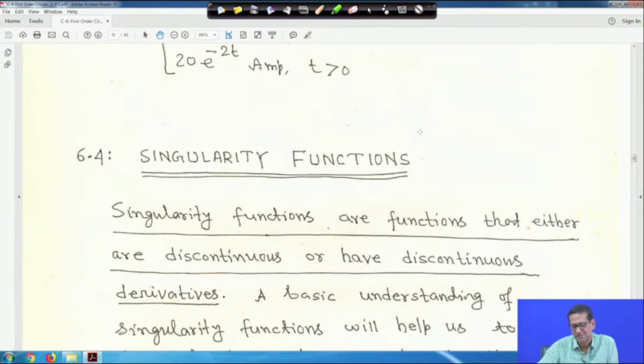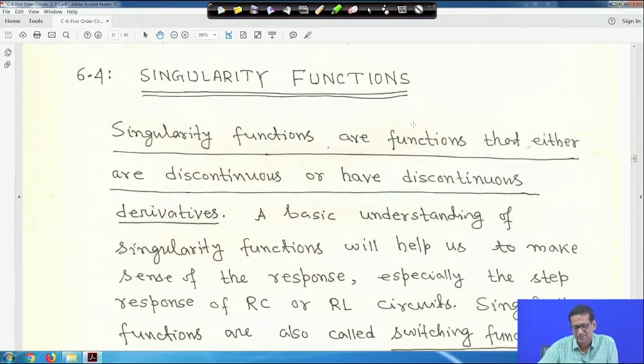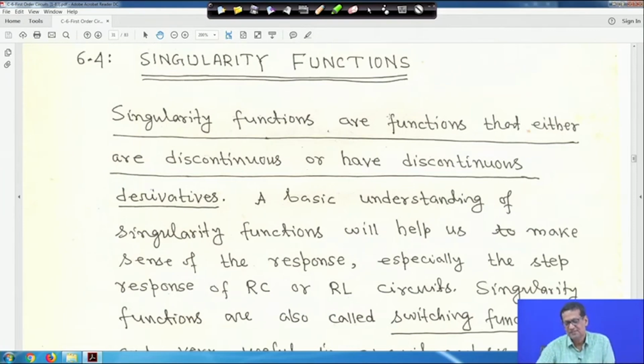Before that, we will learn a little about singularity functions. Singularity functions are functions that either are discontinuous or have discontinuous derivatives. A basic understanding of singularity functions will help us make sense of the response, especially the step response of RC or RL circuits. Singularity functions are also called switching functions.